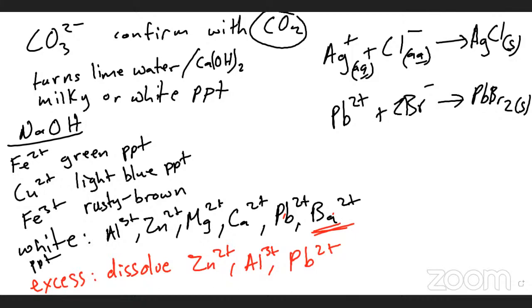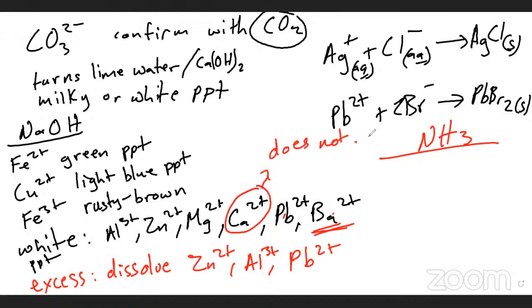Continuing on, you would move from sodium hydroxide to ammonia. If you get the white precipitate, just know that calcium does not form a precipitate with NH3.